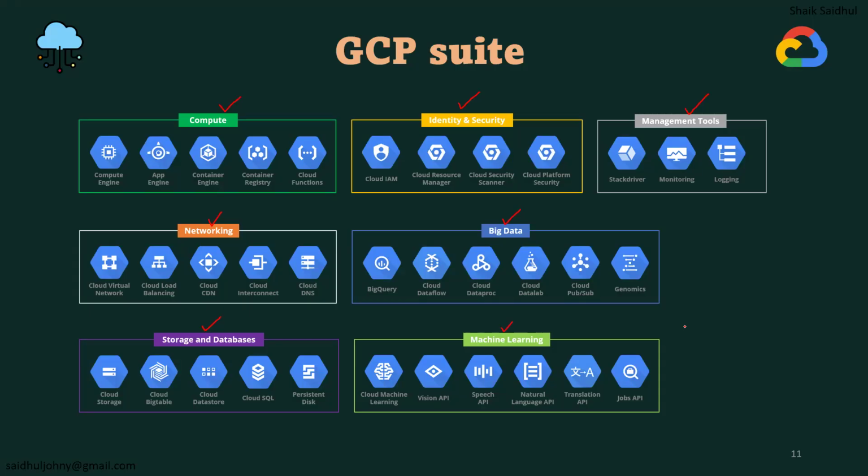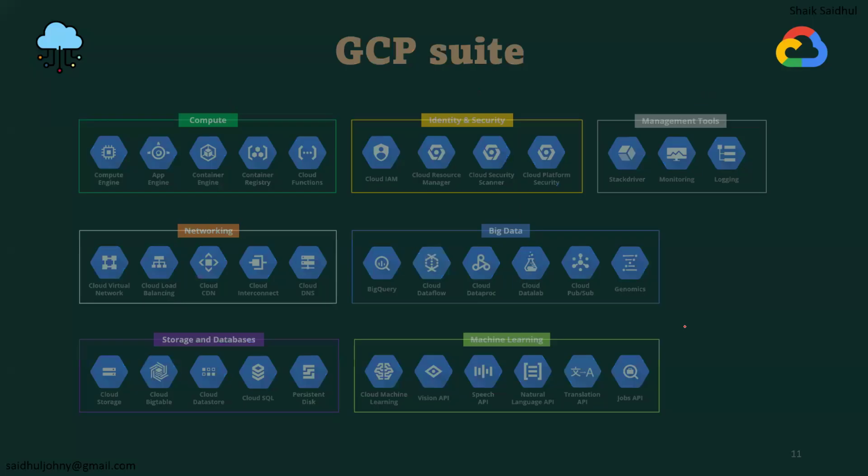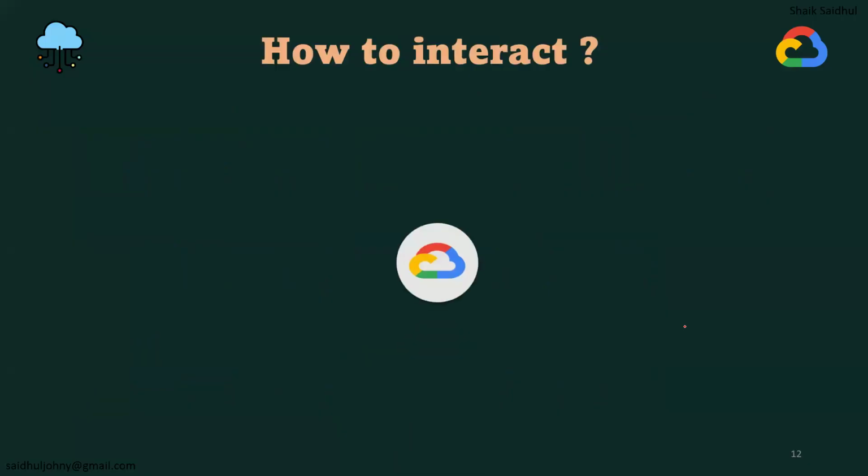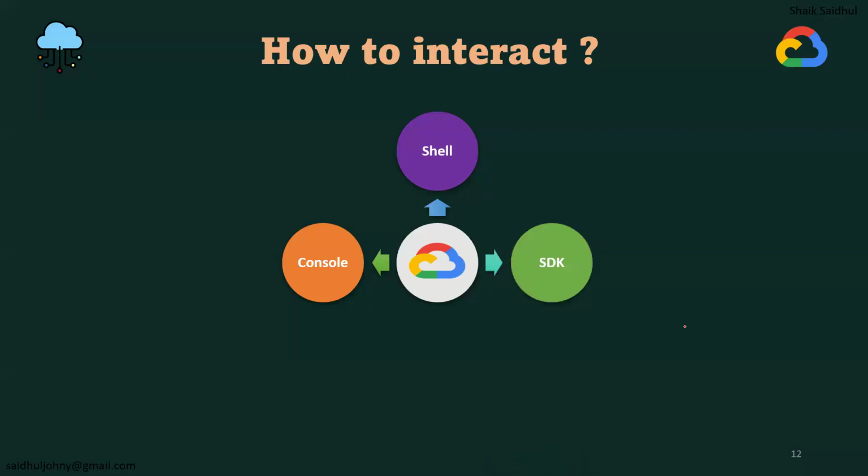If I want to interact with any of these services, how do I do it? There are totally four methods. The very first method is the Console. The second method is Cloud Shell. The third method is Cloud SDK.